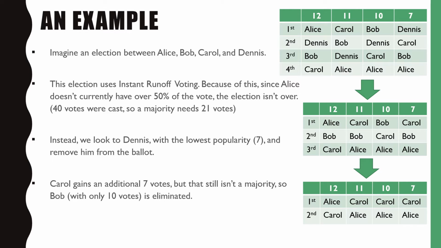So now we're left with 2 sets of votes, most of which say Carol, Alice as opposed to Alice, Carol. And, well, Carol has 11 plus 10 plus 7. That's 28 votes. And Carol wins the election because 28 is more than 21. Well, it's greater than or equal to, and that's the important part.